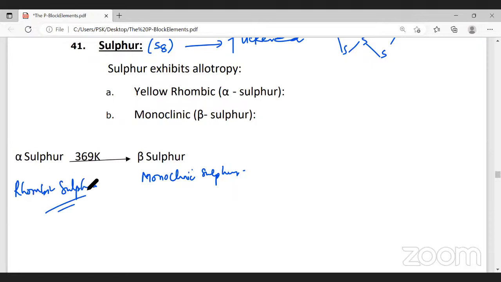When rhombic sulfur is heated above 369 Kelvin, we get beta sulfur. And beta sulfur, below 369 Kelvin, gets converted to alpha sulfur. It's a reversible process.